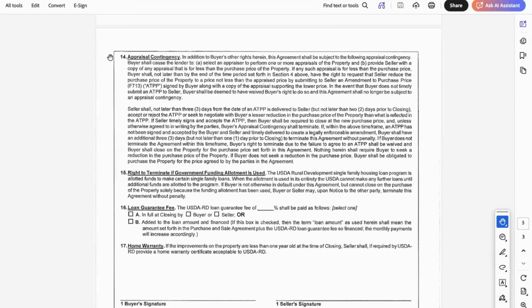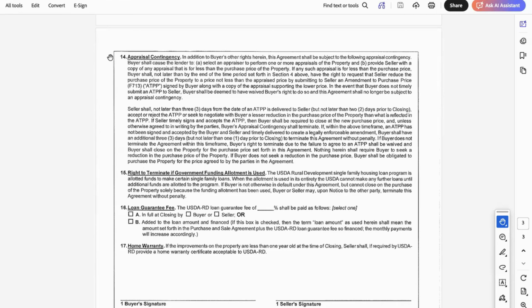Buyer must have lender order an appraisal and provide seller a copy of it if it's low. If appraisal is lower than purchase price, buyer may submit an amendment to purchase price, which is the F713, within the time frame in Section 4 on page 1.